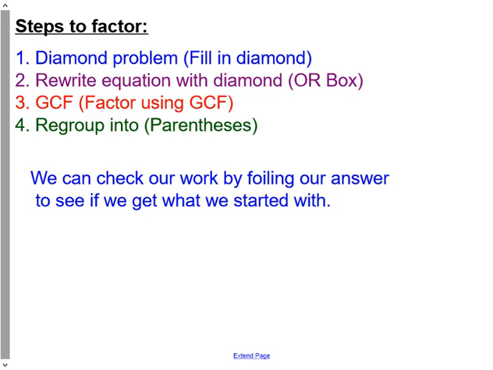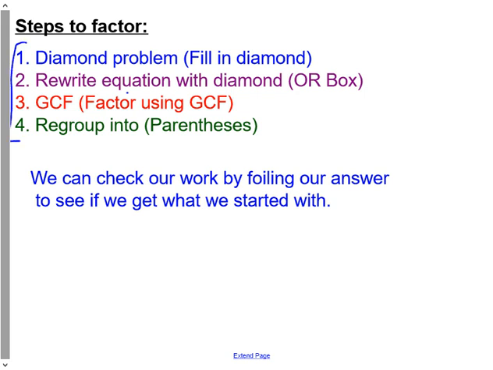Our steps, pardon me. The steps to factor are first going to make the diamond of the problem. Then we're going to rewrite the equation with the diamond or box. And then we can use our greatest common factor with that, and then we can regroup. We can check our work by foiling our answer to see if we get what we started with. Now, I'm going to teach you a slightly shorter way than what's listed here, but this is still an important method.